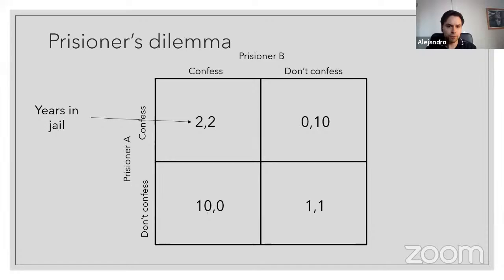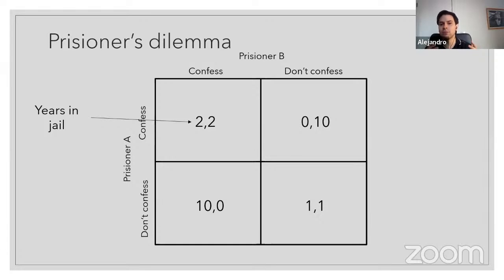So basically, this is what is called the prisoner's dilemma. You have two people caught during a crime. Let's say that two people killed a man, and the police has enough evidence to convict them for 1 year.